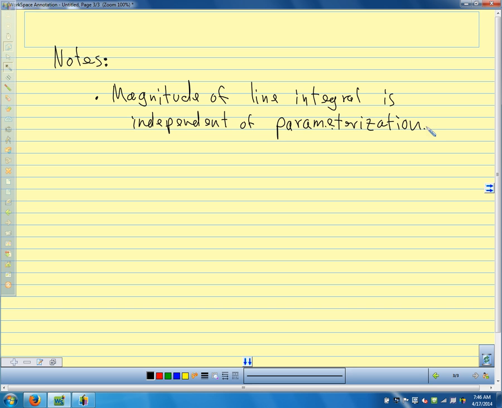So we can parameterize our curve however we want. When we find our line integral, the magnitude is not going to change.